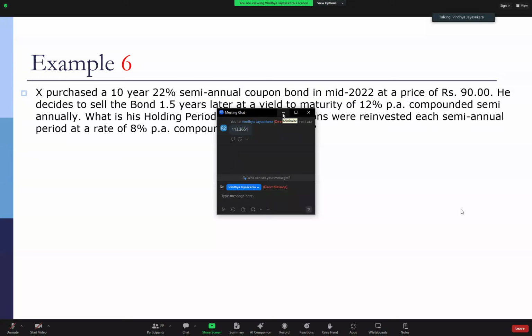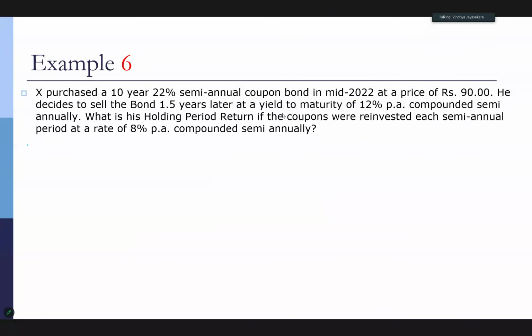Okay, I still haven't got a consensus answer. But let's look at the inputs. So you have N, R, C, face value is 100, right? What is N here?